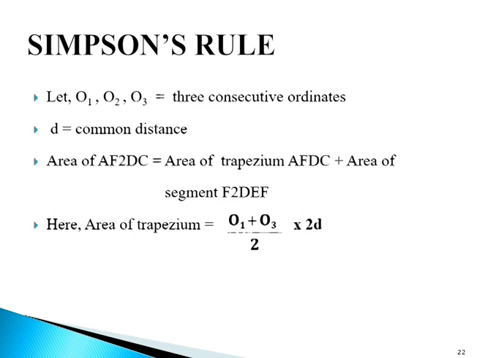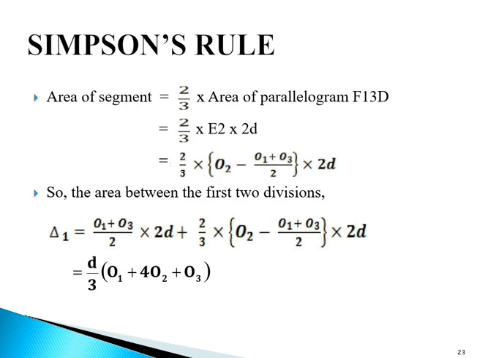So here area of trapezium will be O1 plus O3 divided by 2 into 2D. So area of segment will be 2 by 3 into area of parallelogram. Further it is simplified, or we can say it is given by 2 by 3 into E2 into twice D. So if we put the values, 2 by 3 into O2 minus O1 plus O3 divided by 2 bracket over into 2D.